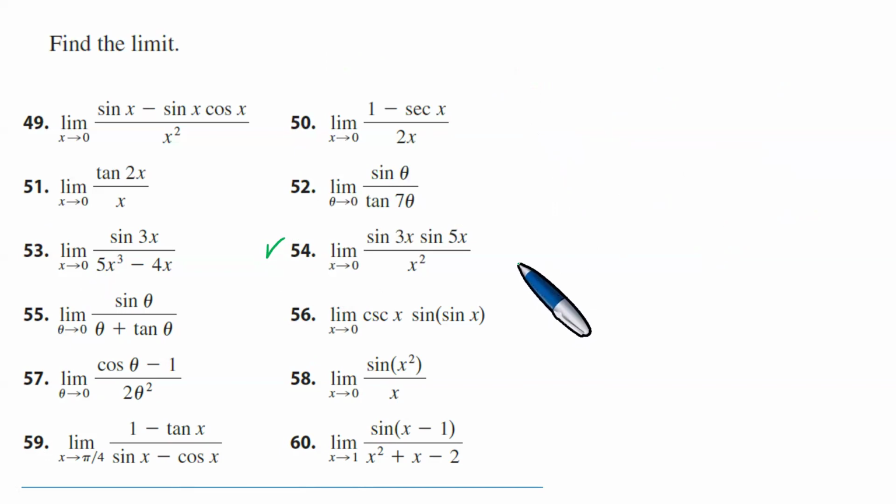Try 5.4, please. Let us know when you're done with it.